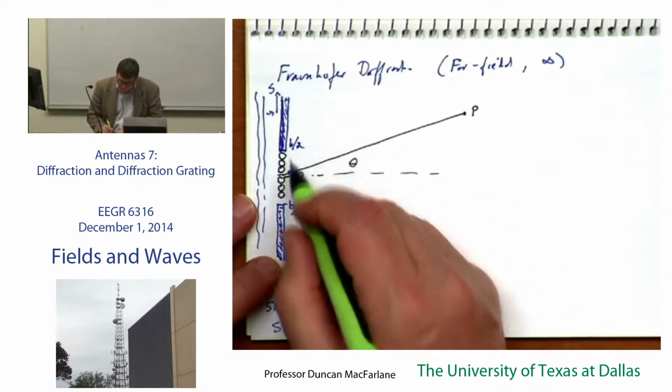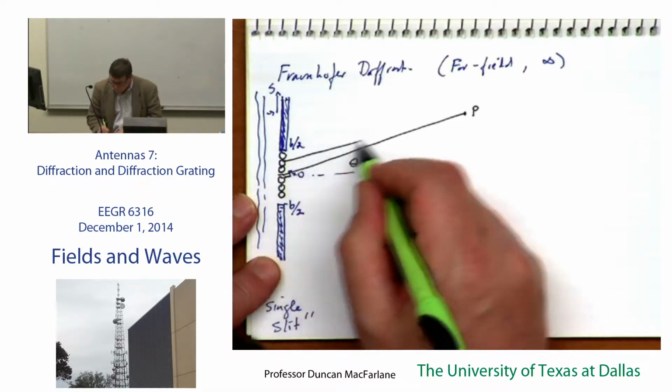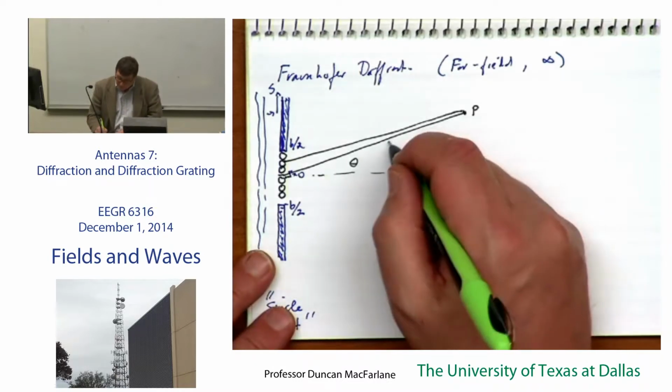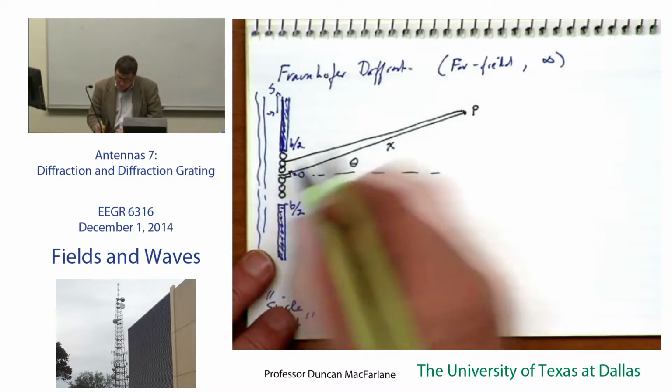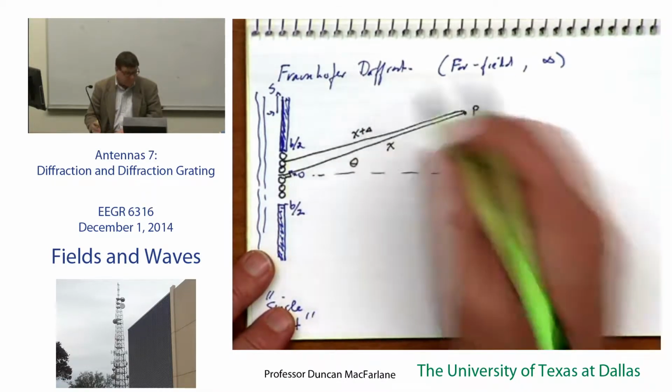If I'm at some point S, that spherical wavefront will move towards P as well. So this distance will be x. This distance here will be a little bit longer. It'll be x plus delta.